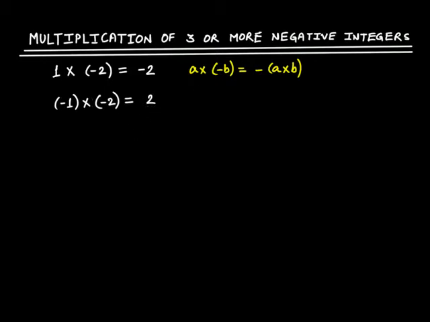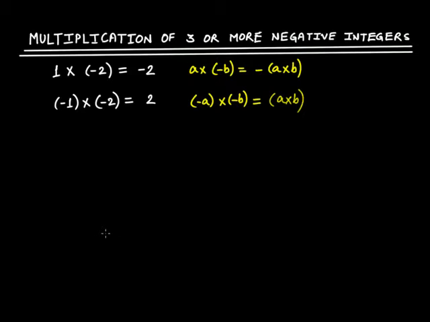And therefore we can say that if minus a times minus b, there's no need of minus. In this case, you'll always get a positive result. Therefore, you'll have a times b.